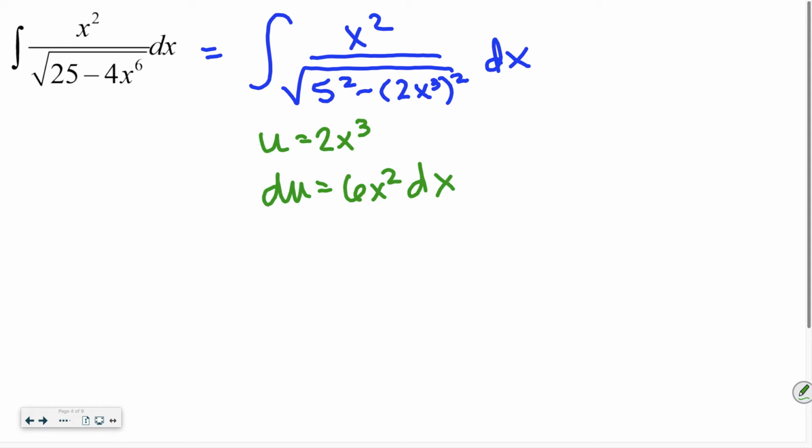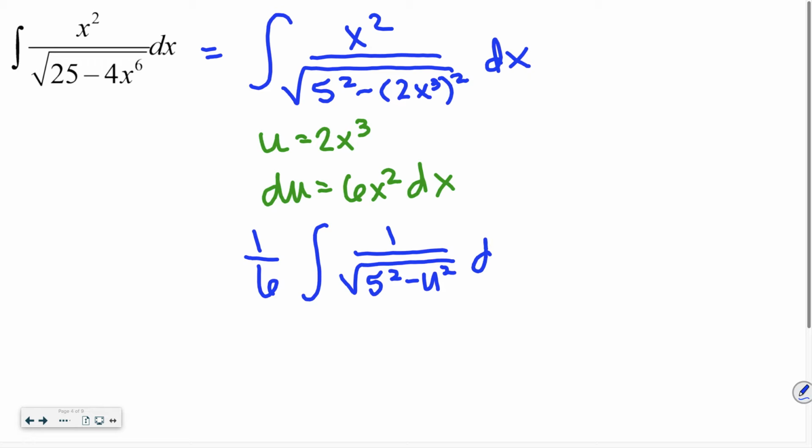Conveniently, we have an x squared dx, don't we? Okay. So what I would want you to do is rewrite this to be 1/6 the integral of 1 over the square root of 5 squared minus u squared du. Okay, and now that mirrors almost exactly the rule that we wrote down.